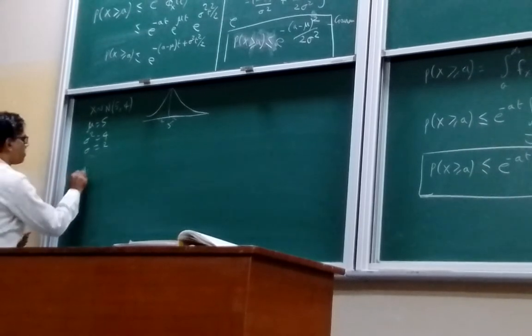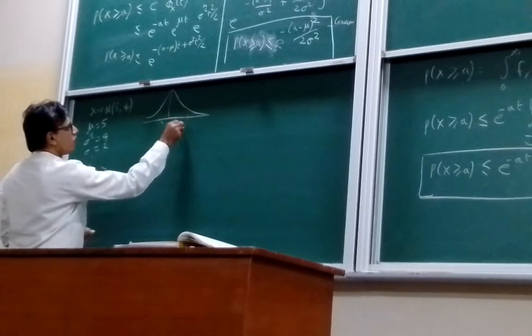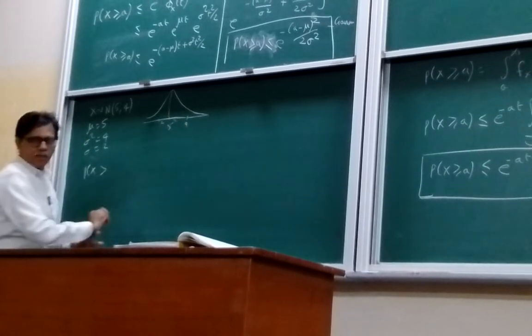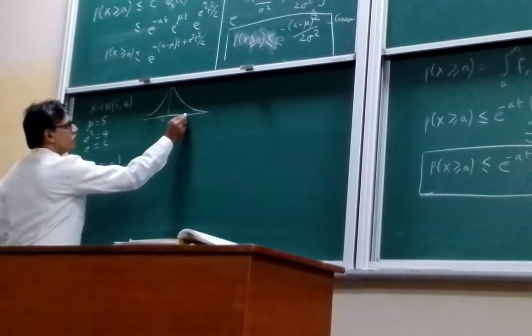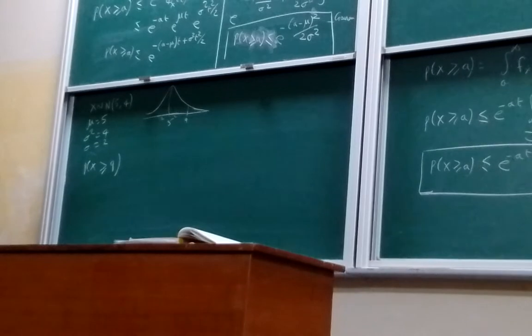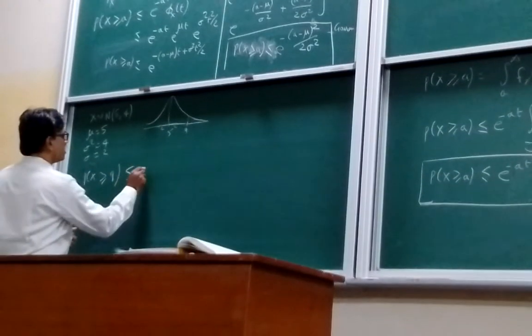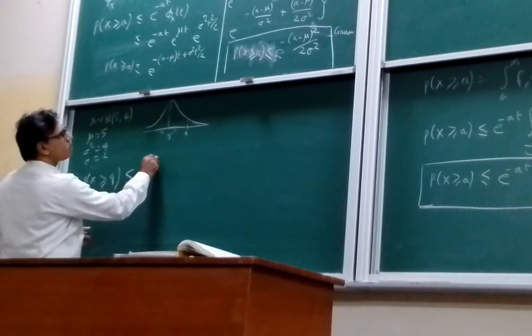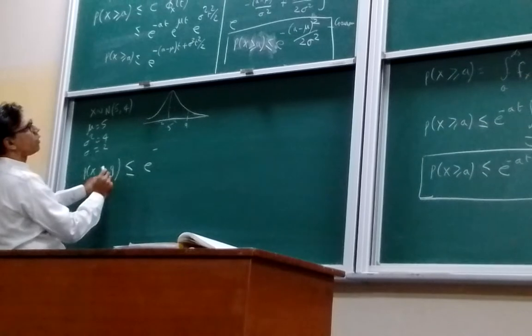We will just look at the probability that X is greater than 2 sigma, that will be 9. X is greater than or equal to 9. We know that this is what we are looking for. So it will be less than or equal to e power of minus of what is a, that is the bound we are looking for.